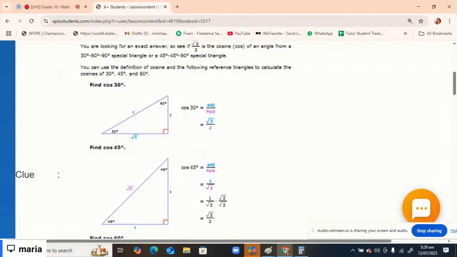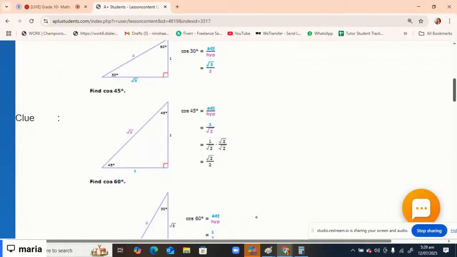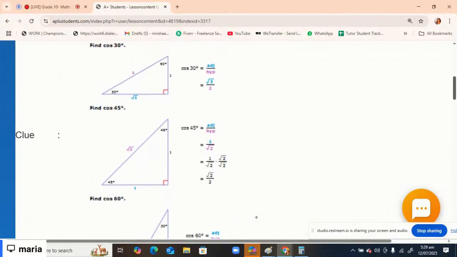For cos 30, for cos 45, let's make a triangle.